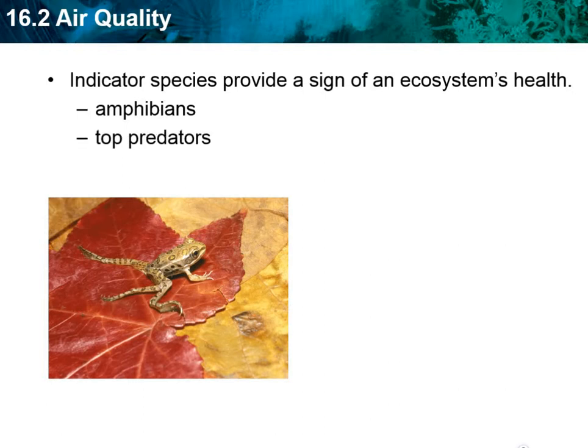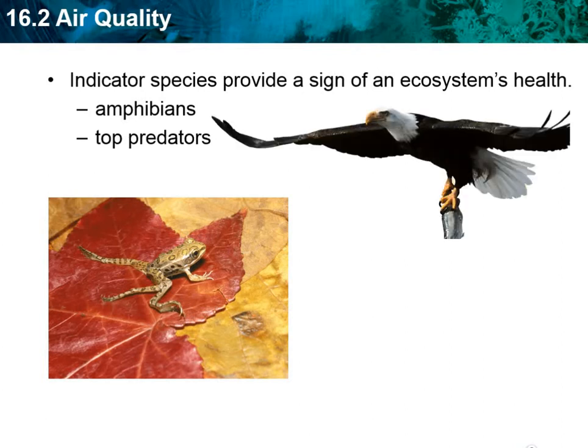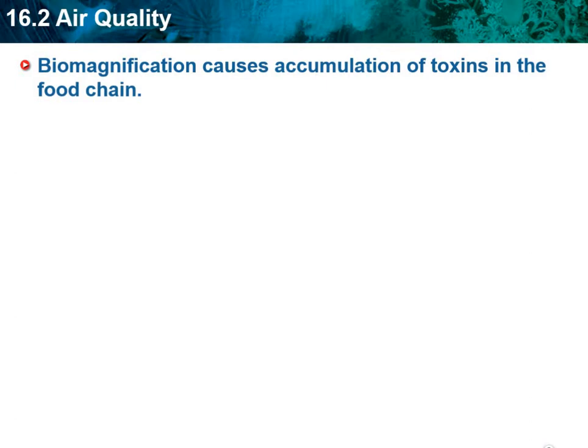Top predators are other indicator species. If you have issues with them being able to reproduce, it could be because of something in that ecosystem causing issues. One thing that happens is biomagnification, the accumulation of toxins in a food chain.